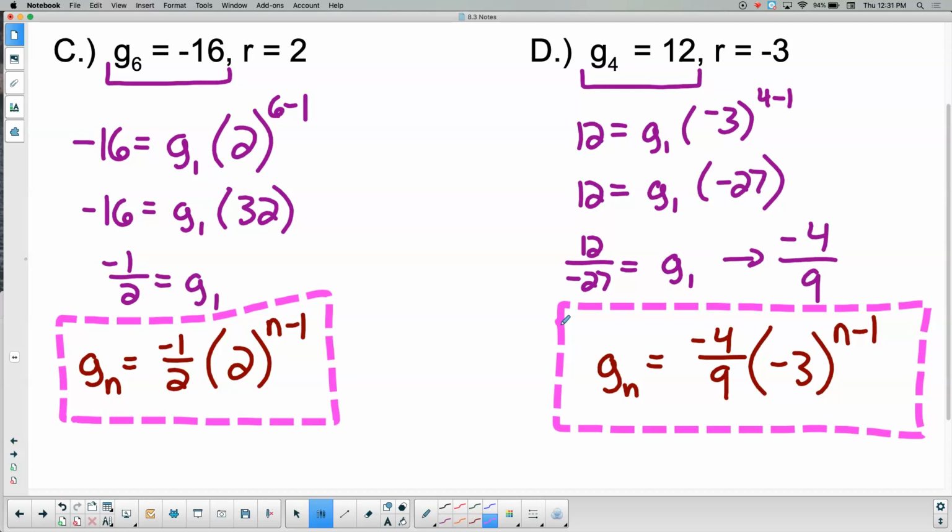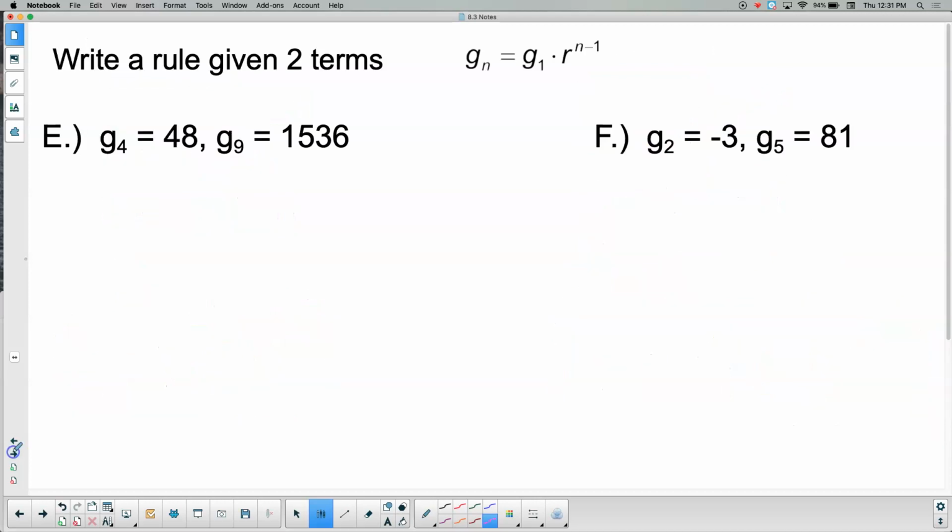Questions, comments, concerns, clarifications? Write a rule given two terms. So now we have to set up two equations.